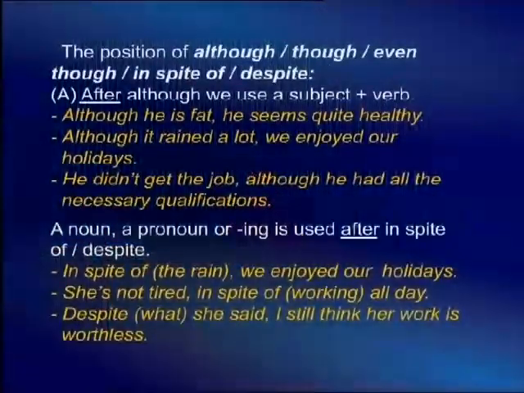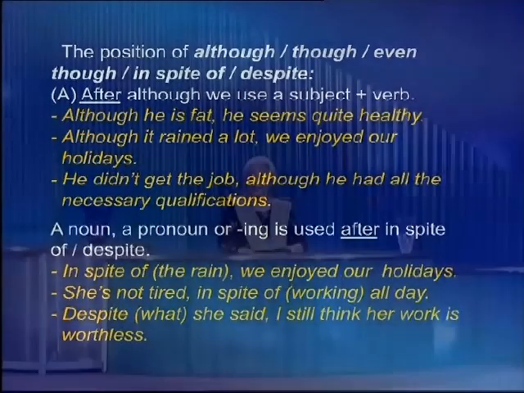Third example, he didn't get the job although he had all the necessary qualifications. And as I said, although is followed by a subject, he, verb, had. Although he had all the necessary qualifications.